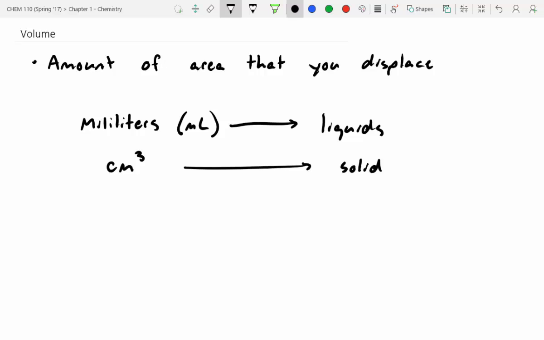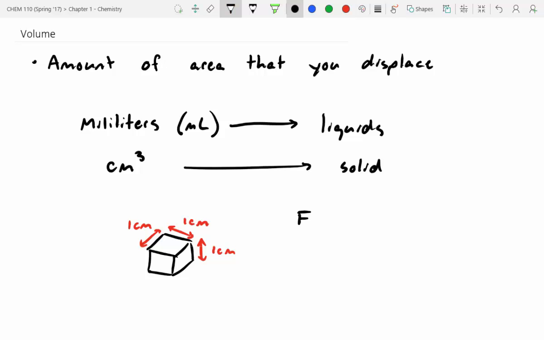So if you think about a centimeter cubed, really all it is, is this idea that if you had a cube of water, it'd be 1 centimeter tall, 1 centimeter wide, and 1 centimeter thick.